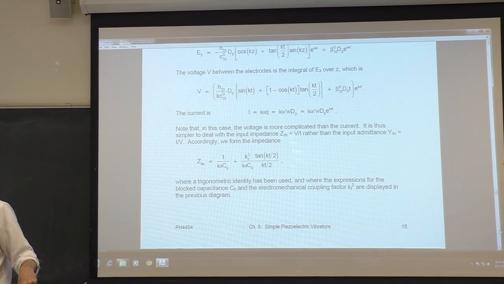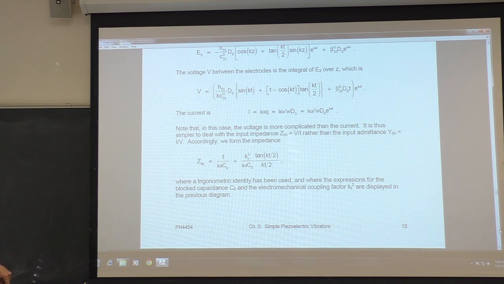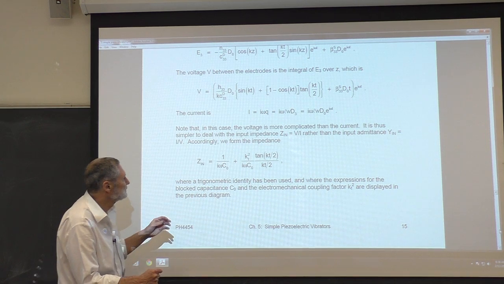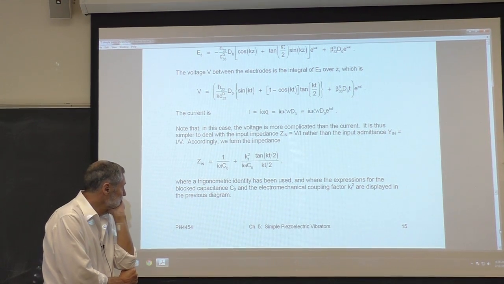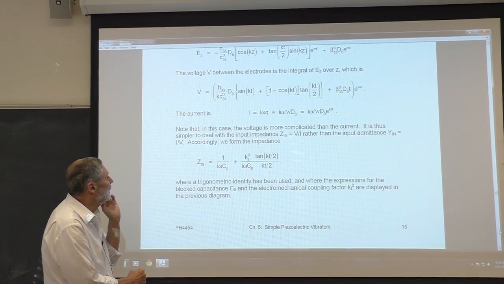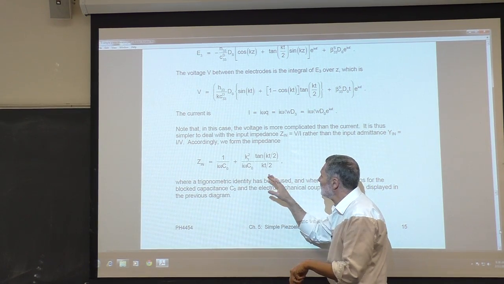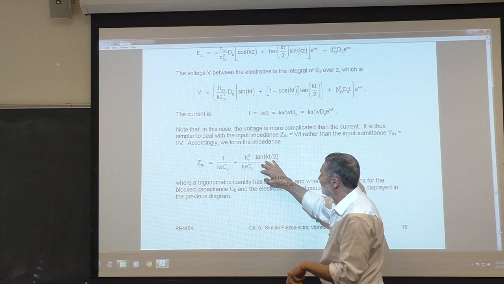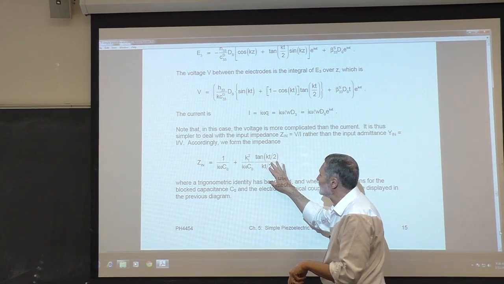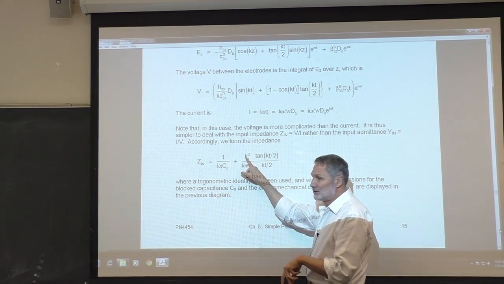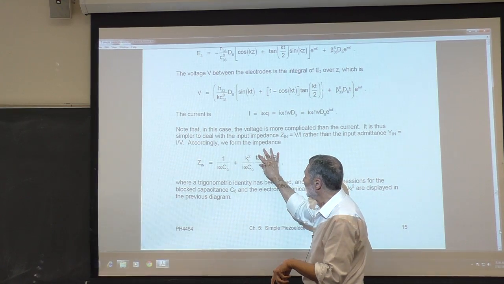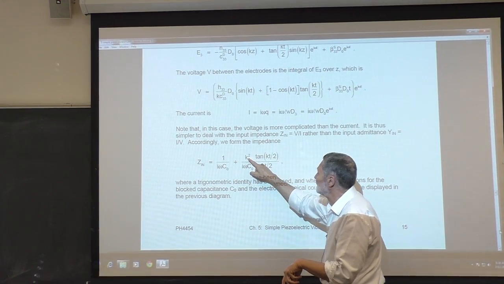Okay, so here's the impedance. So how do we interpret this? This is not immediately obvious. There's mechanical stuff going on here. You know that that's true because there's a coupling coefficient here, coupling the mechanical to the electrical. So that's one reason.